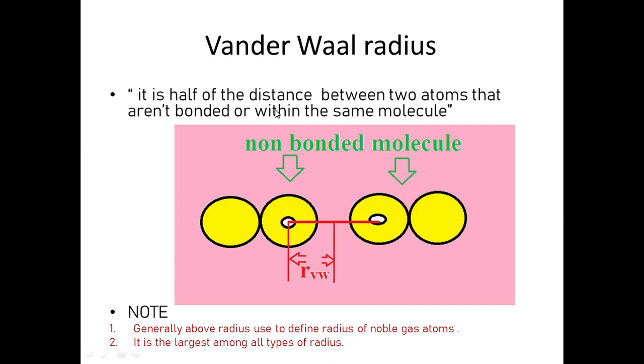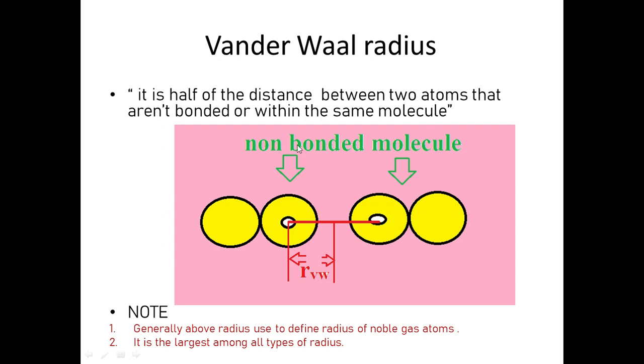So in the respective period, the individual atomic radius is maximum for the noble gases that belong to group number 18, the zero group. So it is half of the distance between two atoms that are not bonded or not within the same molecule. They must belong to different molecules.